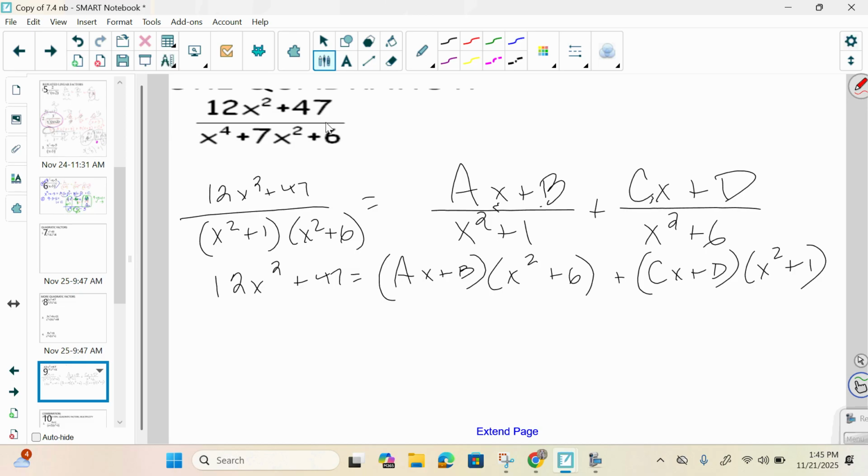All right, Lucy, how about convenient numbers? What makes those denominators 0? Positive and negative root 6 times i, positive and negative i, right?